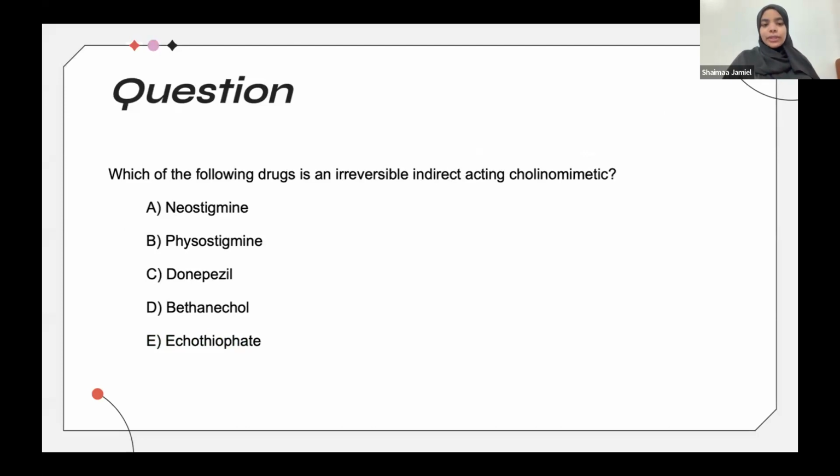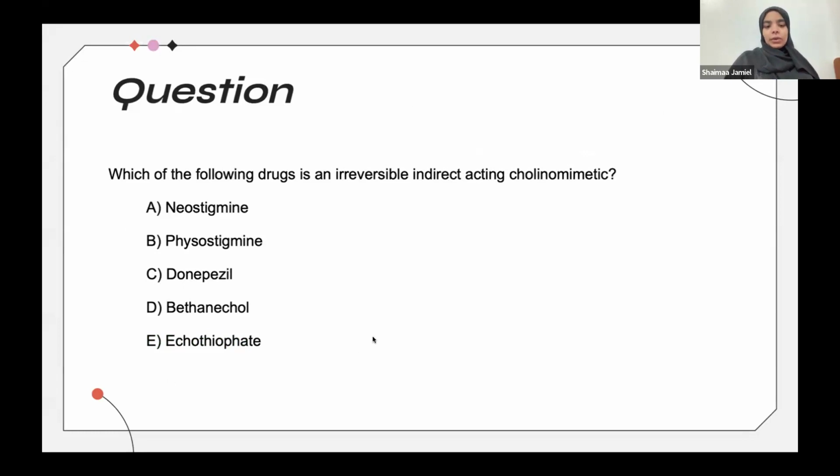Another question: which of the following drugs is an irreversible, indirect acting cholinomimetic? Okay. Someone said A. Someone said E. Okay, another person.